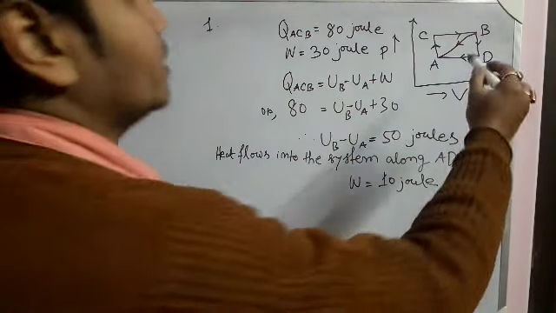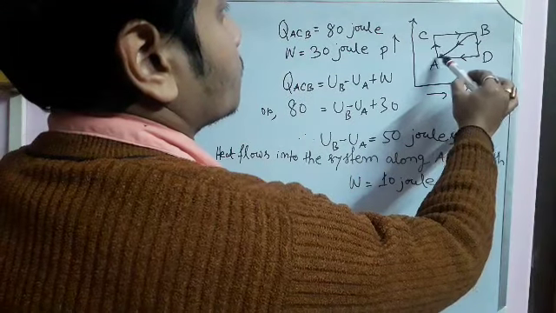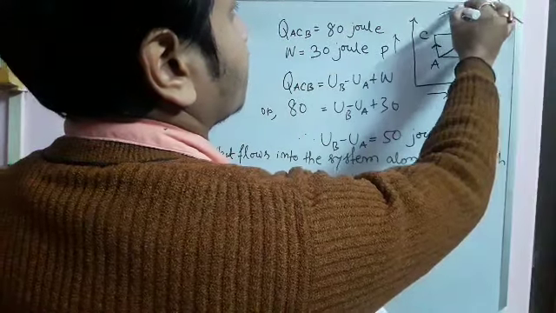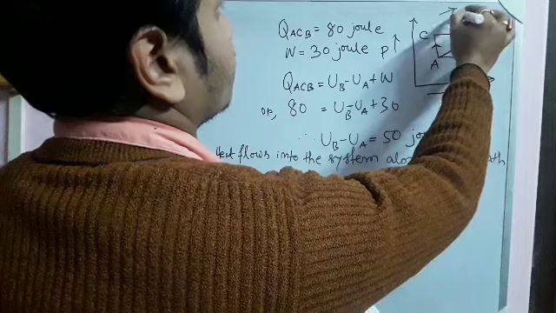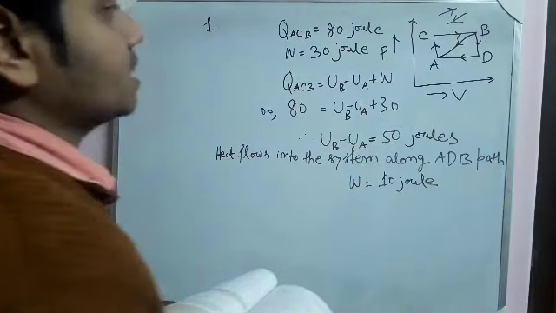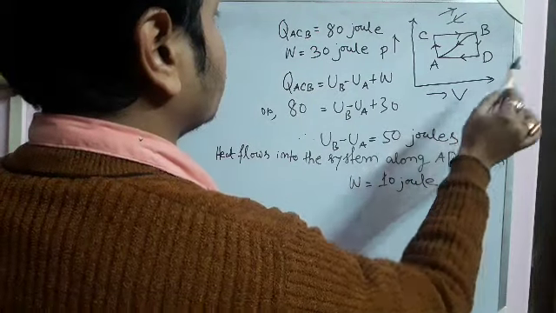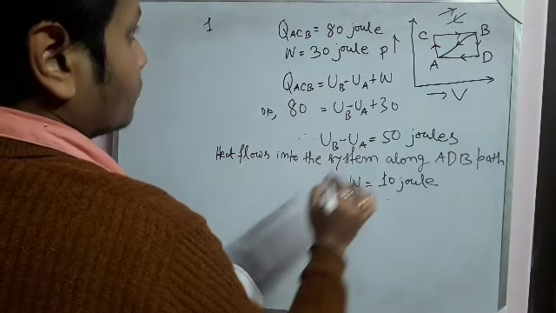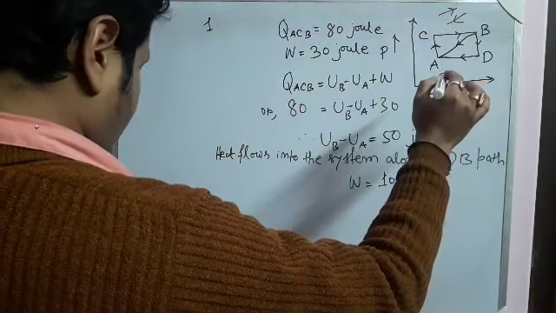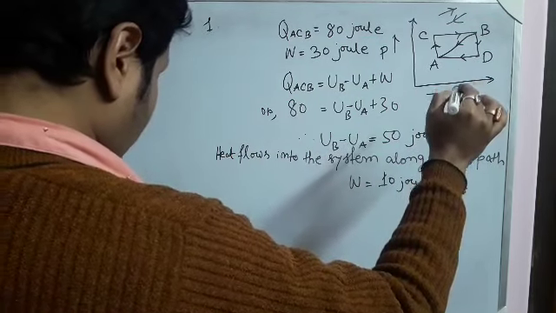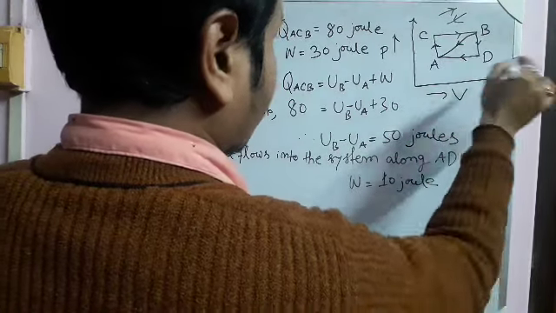Here, if the system moves from A to B, we take it positive, and when it returns from B to A, we take all the quantities negative. So here we have to find out how much heat will flow into the system when it moves along the ADB path.